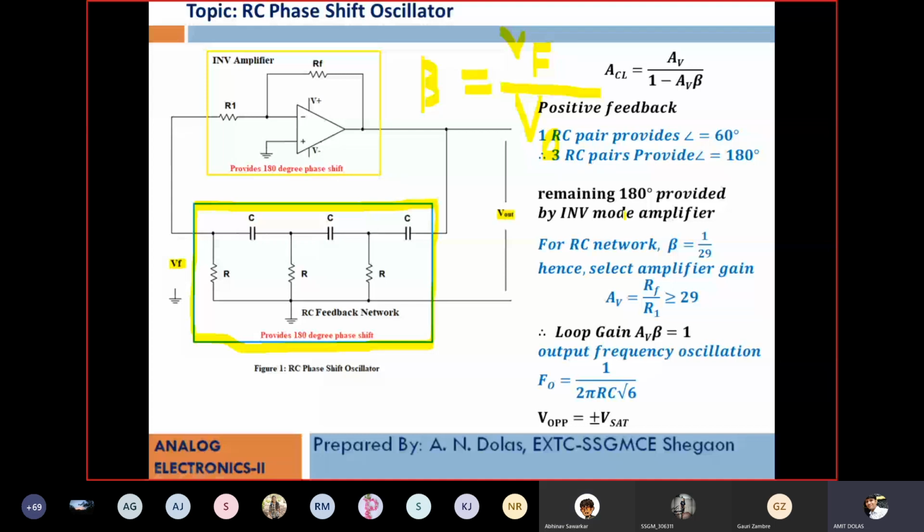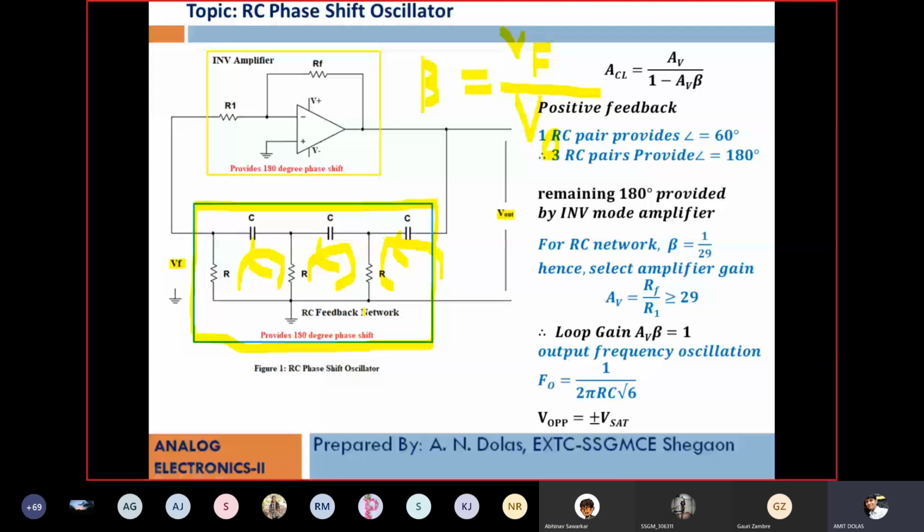To calculate this, nobody can look at this circuit and directly say that it is 1 by 29. That's why KVL is applied. In this loop, there are currents I1, I2, I3, as you do in network analysis, and accordingly VF divided by V0 comes out. This is given in D. Roy Choudhury.